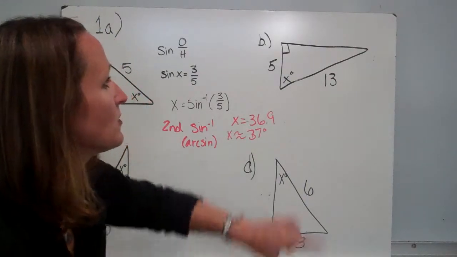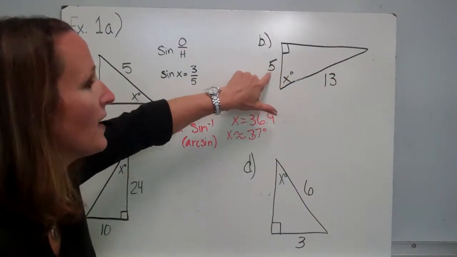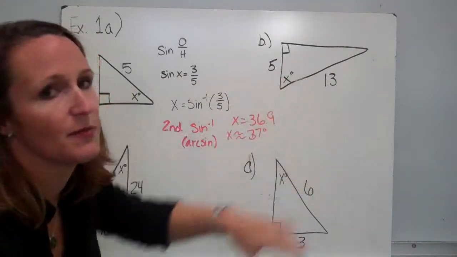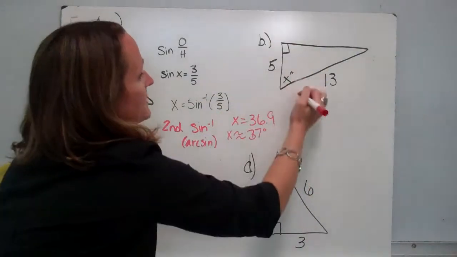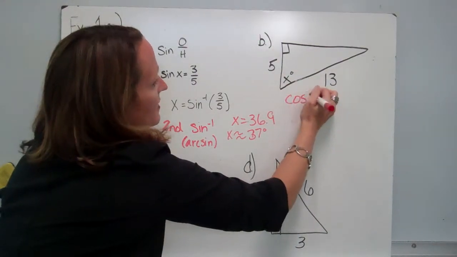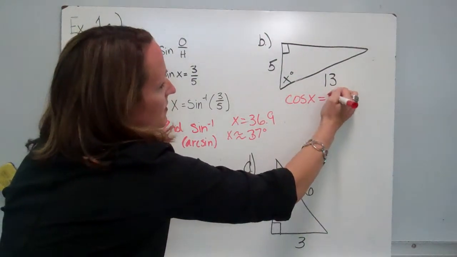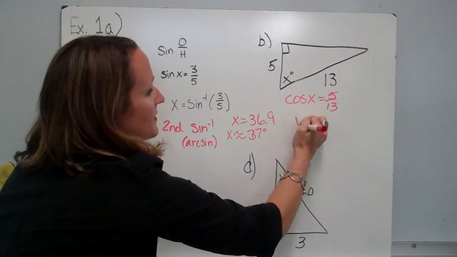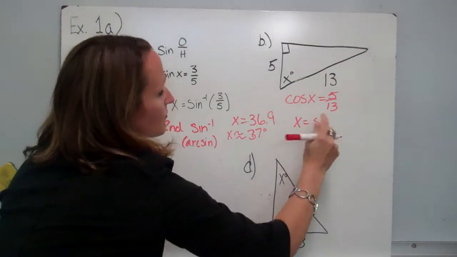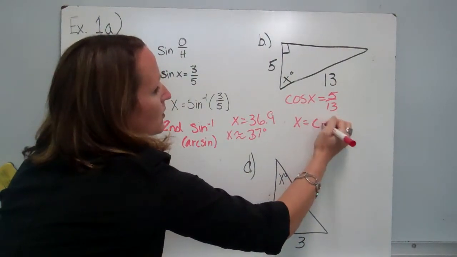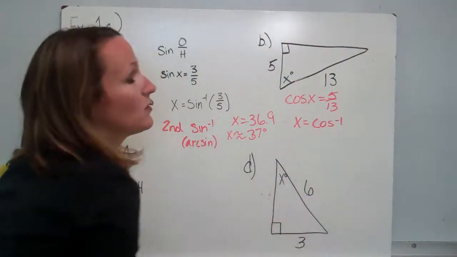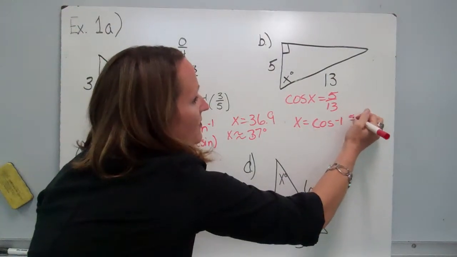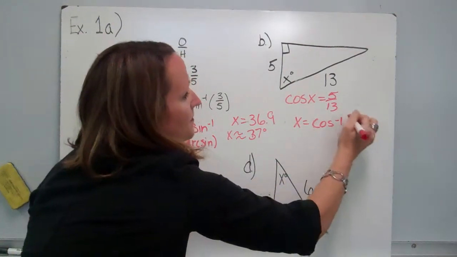Okay, so let's look at B. Look at which ones we know. Here's our angle. We have the adjacent side and the hypotenuse. Adjacent and the hypotenuse, that's cosine. So we can set it up as cosine of x equals 5 over 13. So we would say that x equals cosine -1 or arc cosine of 5 over 13.